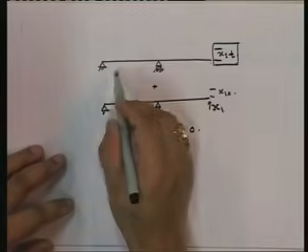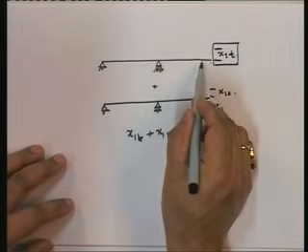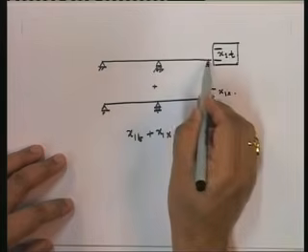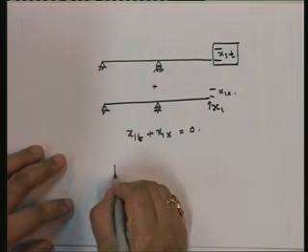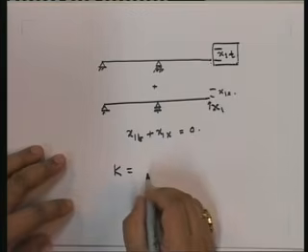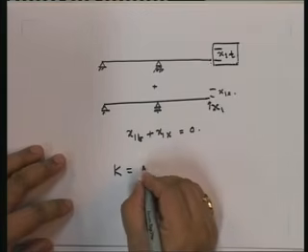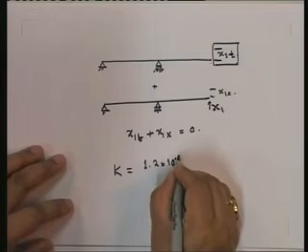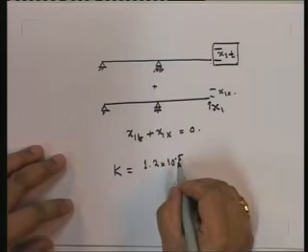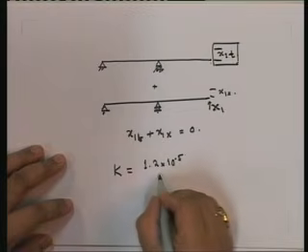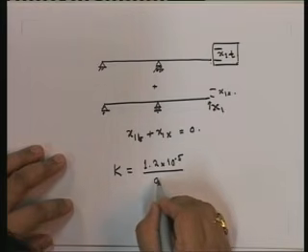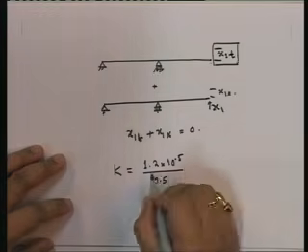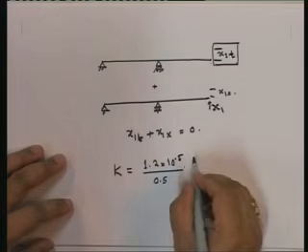So what is the curvature? The curvature, if you look at this, is uniform from here to here. And what is that curvature value equal to in this particular case? It's equal to alpha, which is 1.2 into 10 to the power of minus 5, divided by 0.5 meters.